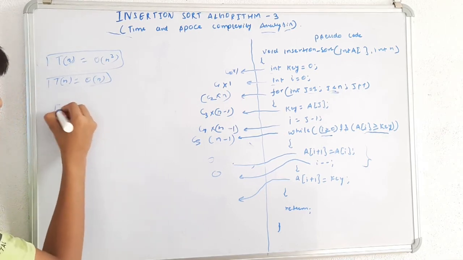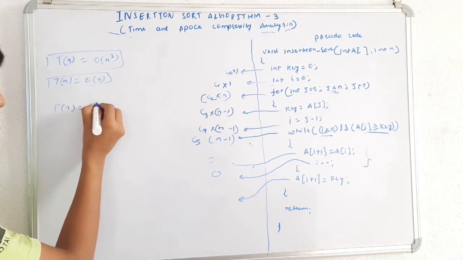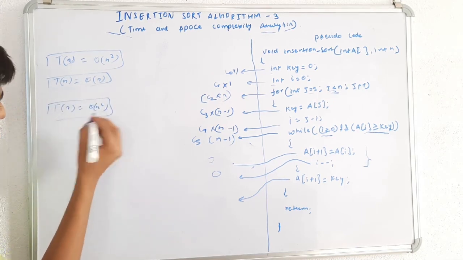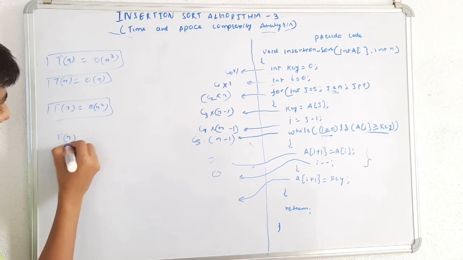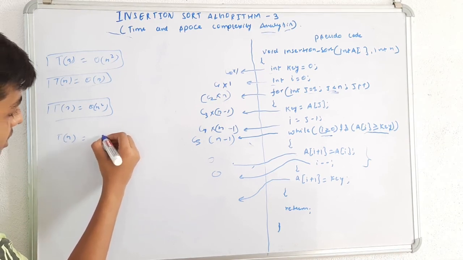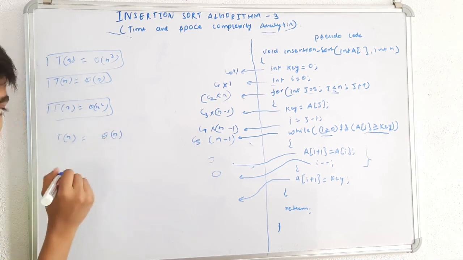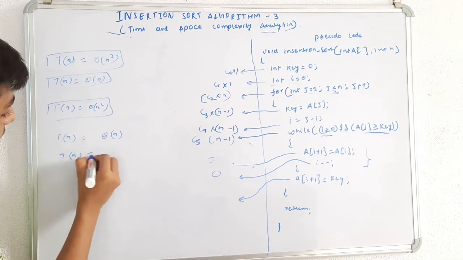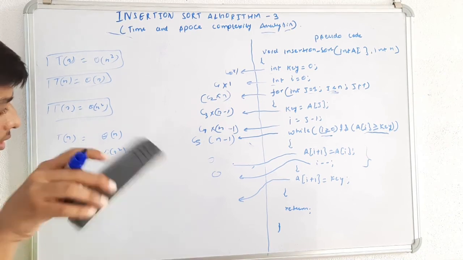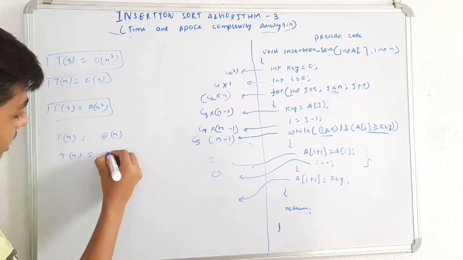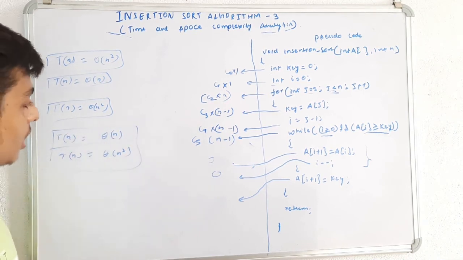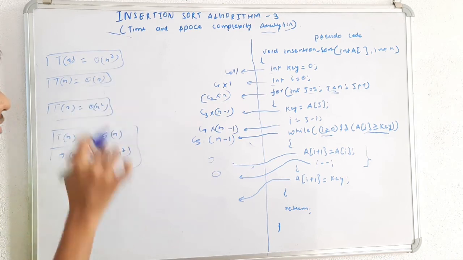Or you can write that t of n is equal to big O of n square, which is the upper bound for the algorithm also. Otherwise, you can write the running time as theta of n, which is the lower bound, and t of n is equal to big O of n square. Actually, it will not be theta of n, it is theta of n square, right? So this is how you can denote the running time of this insertion sort algorithm.